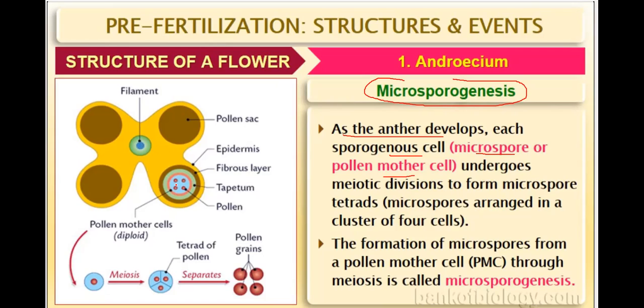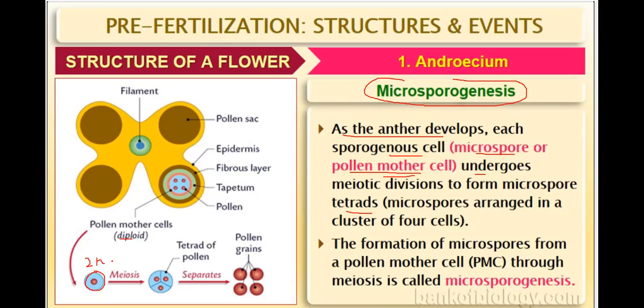One cell works as the pollen mother cell, known as PMC, which is diploid in nature. Diploid means 2n, having two sets of chromosomes.